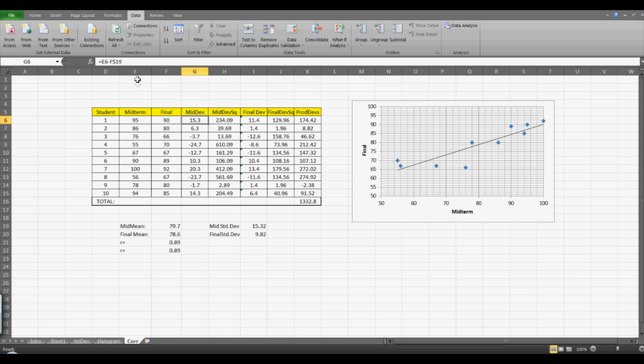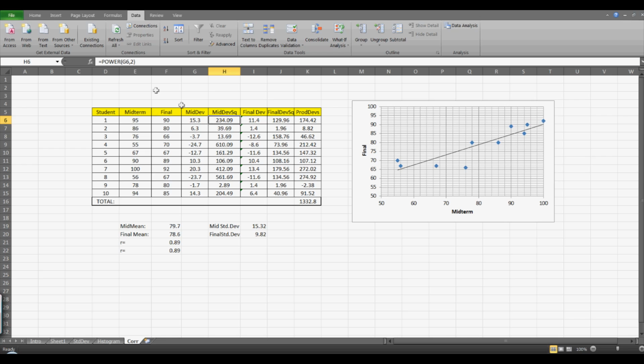Again, once I had my formula calculated, I just needed to drag it down, and it did all of these calculations for me. You do the same thing for the final. You get the deviation score and the squared deviation score for the final using these formulas.